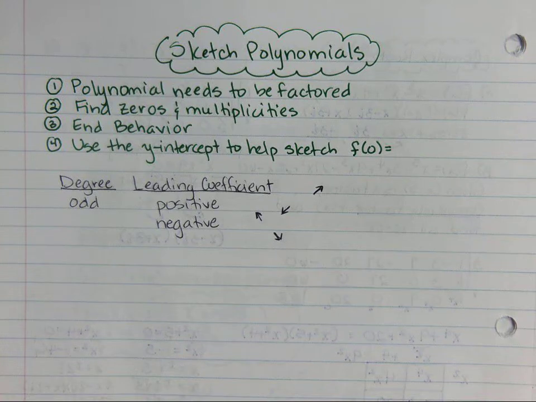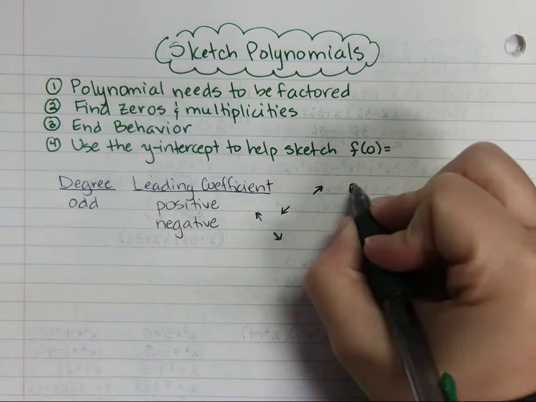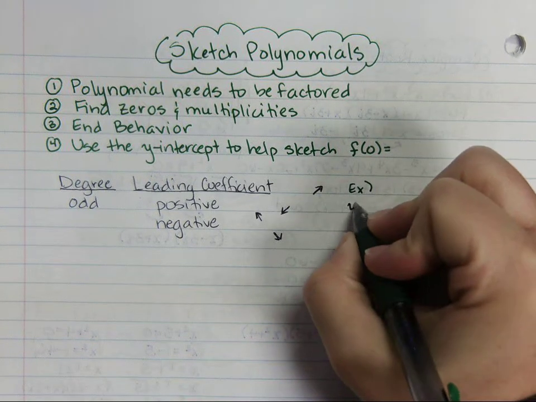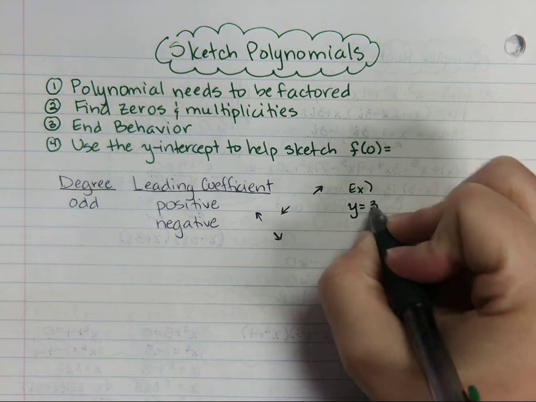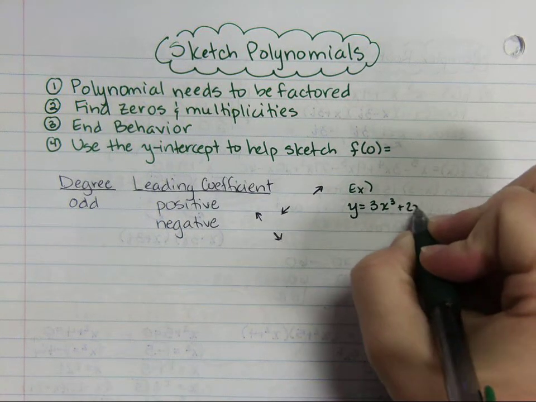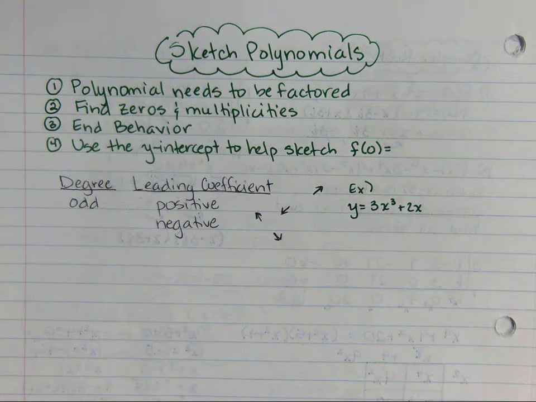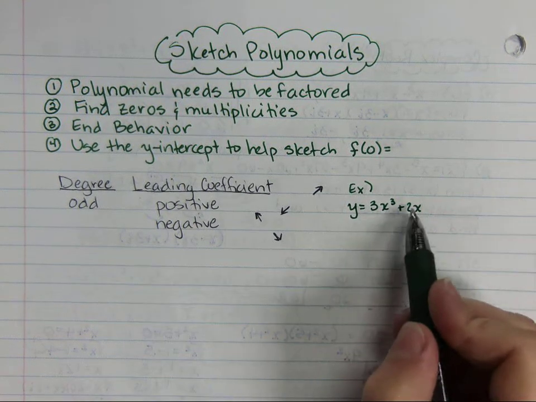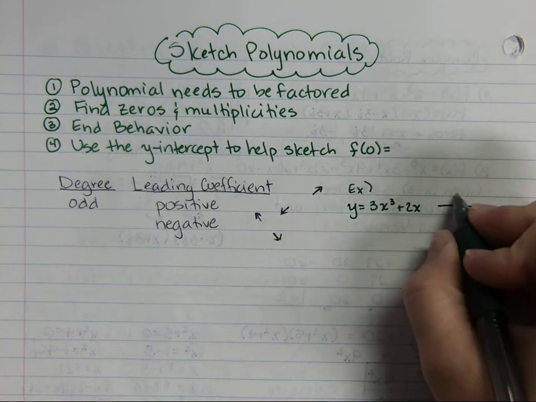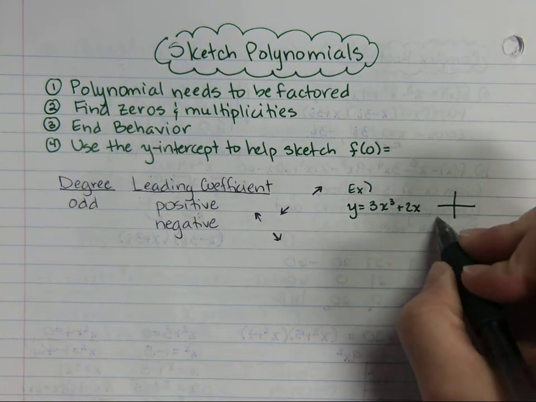So an example of what this would look like would be if I gave you a graph like y equals 3x cubed plus 2x. Now there's some things happening in here, but the general trend of this graph, if I were to sketch it, would look something like this.